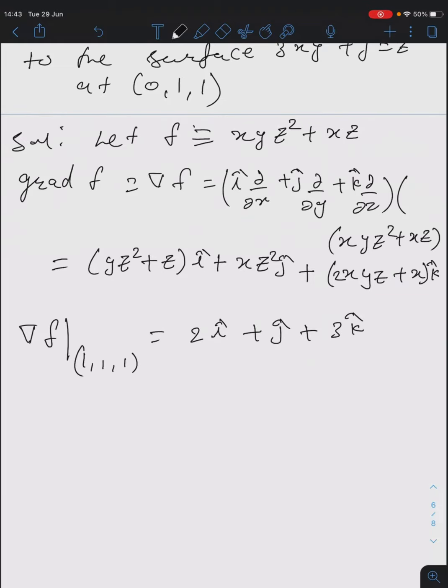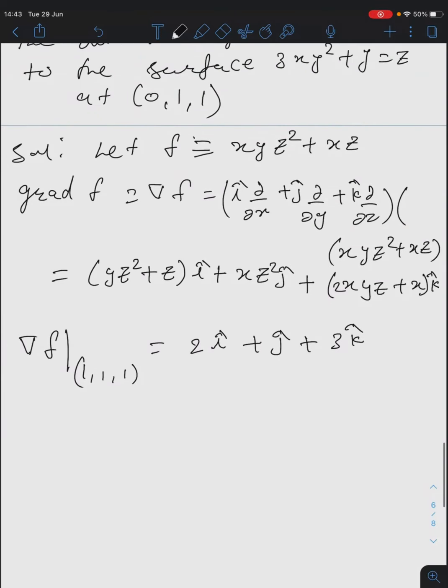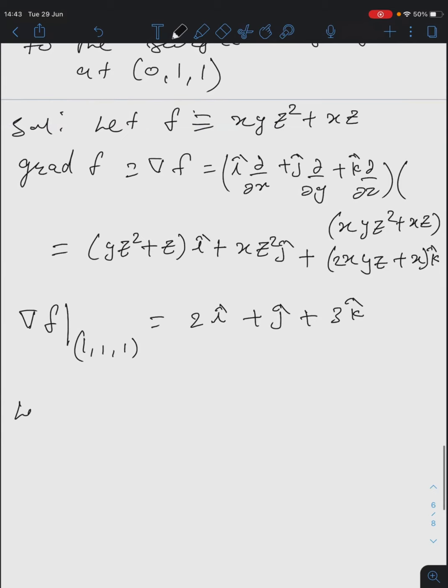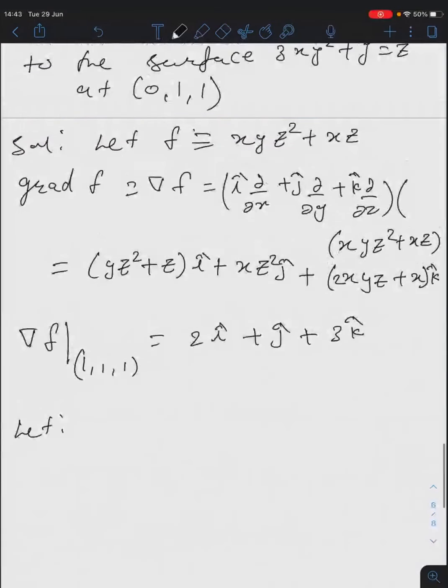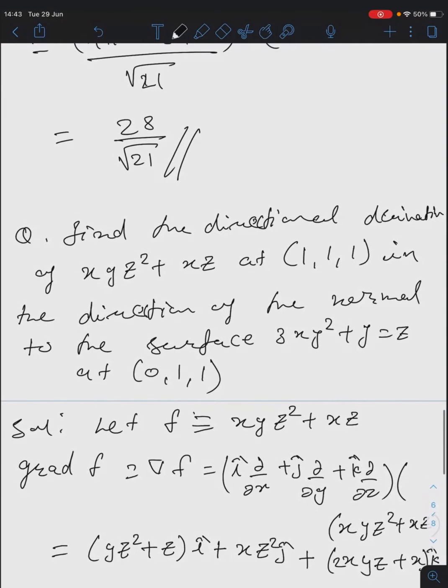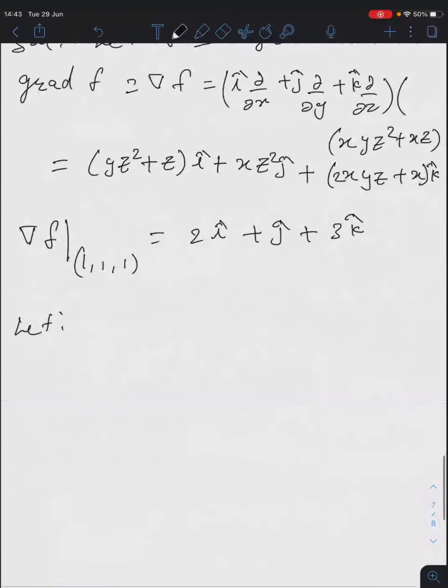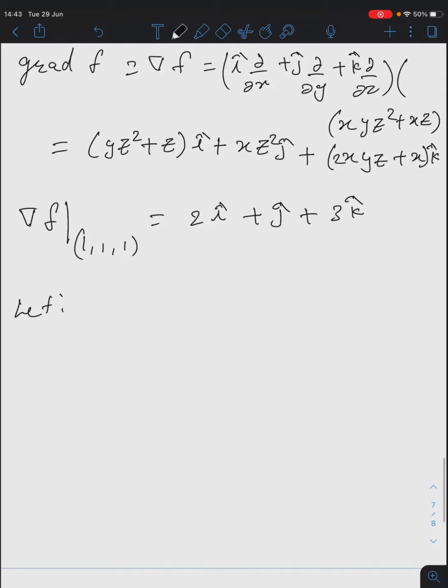Okay, leave it. Now we will need e bar also, but before calculating e bar, let us assume the given surface, 3xy square plus y is equal to z. Let this be some function g of x, y, z in this form: 3xy square plus y minus z.